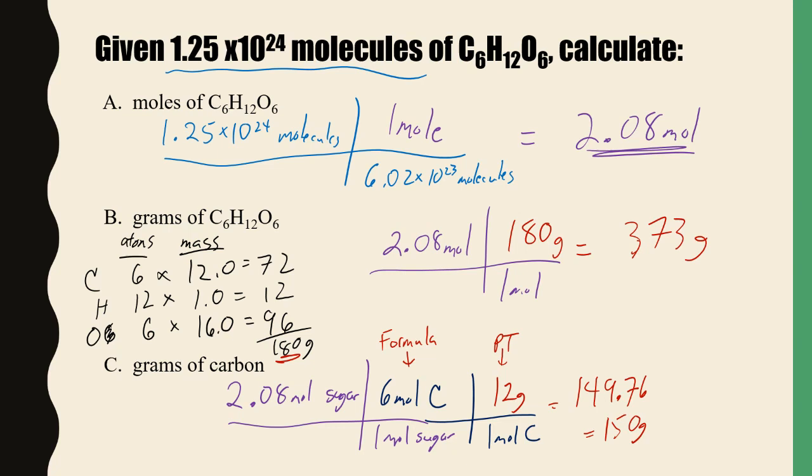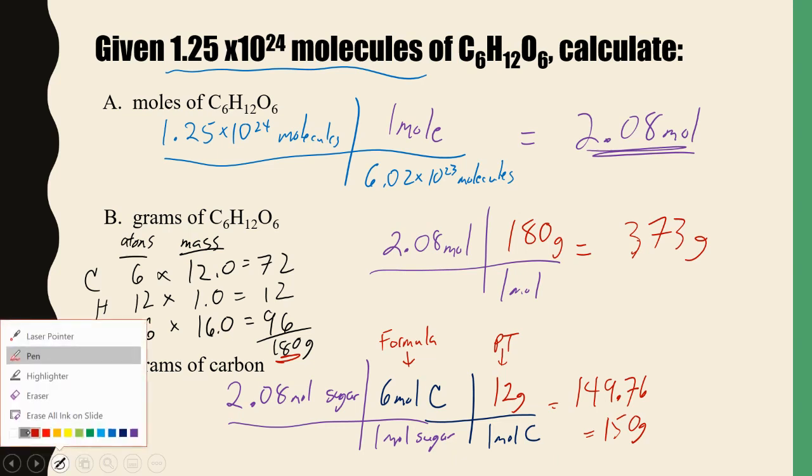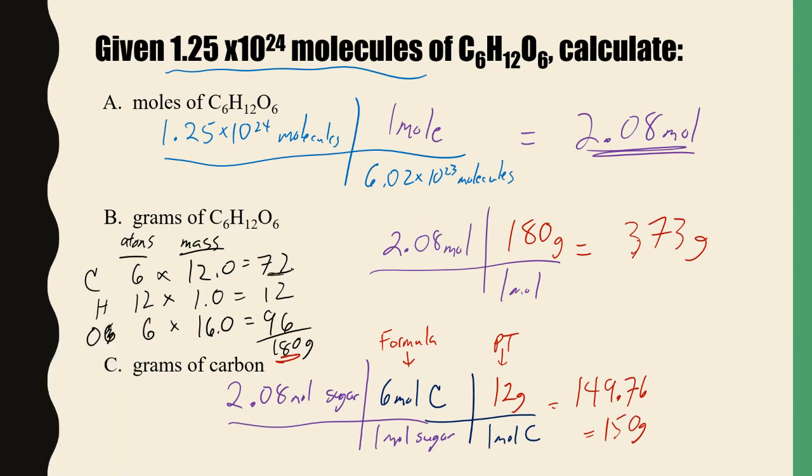Now, since we've already covered the percent carbon, you could also have done it that way. You could have also, because it's math and there's multiple ways, taken this 72 and divided it by the 180 and found out that your percent carbon is equal to 40%, right? And then multiplied the 373 by the 40%, and you would have gotten the same, 149, 150 grams of it is carbon.